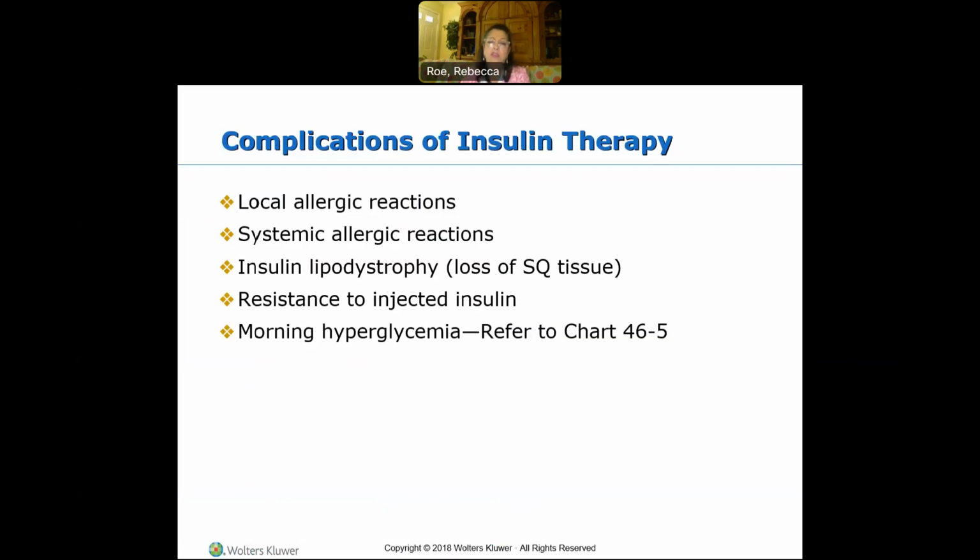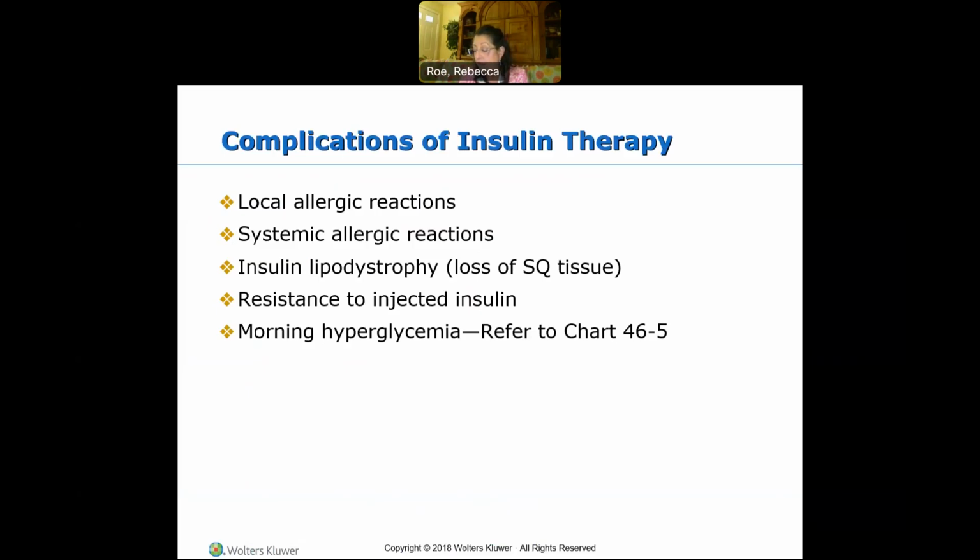Some of the complications of insulin therapy seem to be the same as with any medication that you give someone: local allergic reactions, systemic allergic reactions. With the local allergic reactions, people have to have insulin and they have a localized allergic reaction. There's very few choices. Insulin pretty much is insulin. You've got to have it to survive.